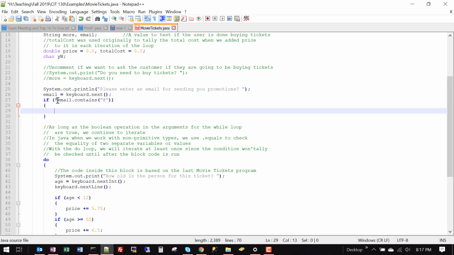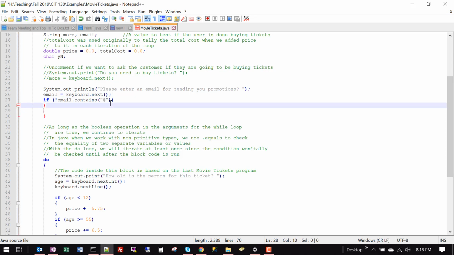What we're doing is we're saying if the string email contains the @ sign, then it's valid. But we only want to have a problem if it's the opposite of that. This is one of those times where if it doesn't contain that is when we have a problem. So we only want to print out a message to them to tell them there's a problem if they didn't put an @ sign in the string.